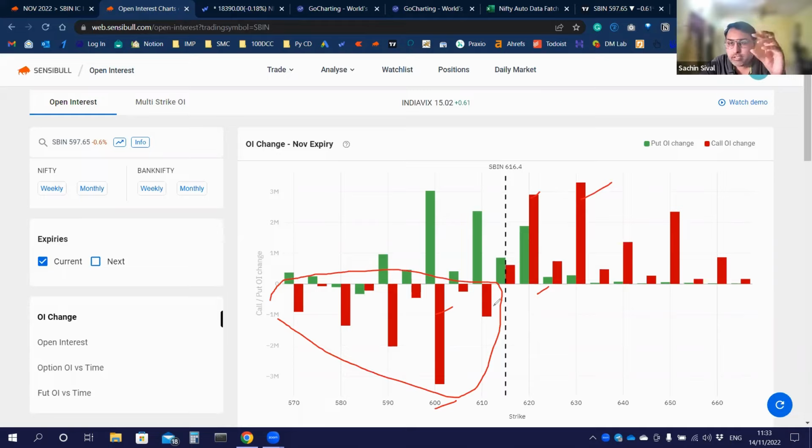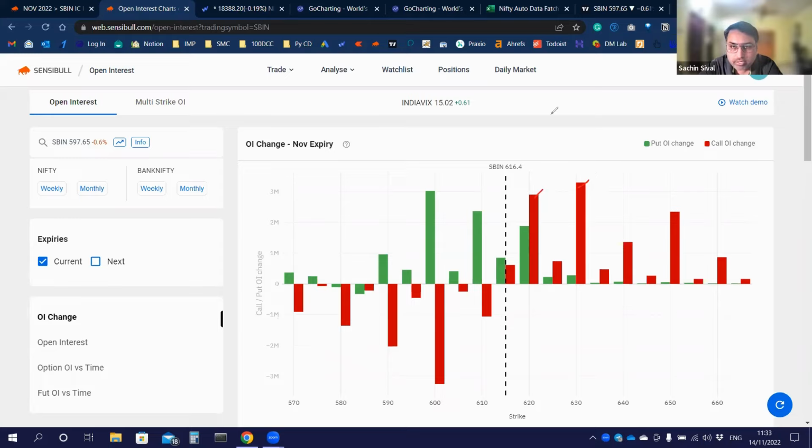It gives us a bit of an indication that the bigger hands are expecting that SBI will not break this level. That's why they are shifting their positions to 620 and 630.